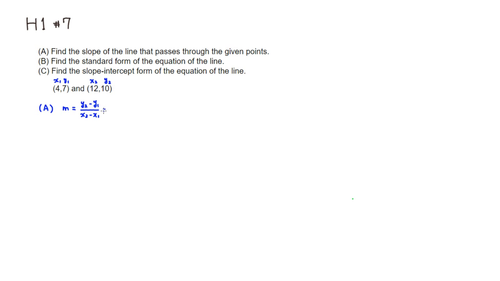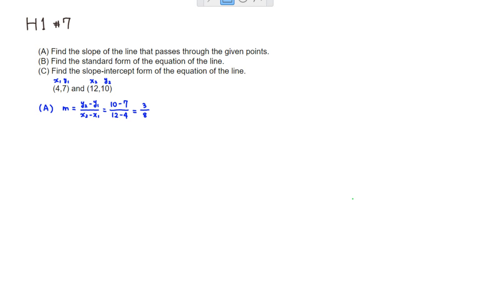So y2 is 10 and y1 is 7, over x2 is 12 minus x1 is 4. So this is going to give us 10 minus 7 is 3, over 12 minus 4 would be 8.